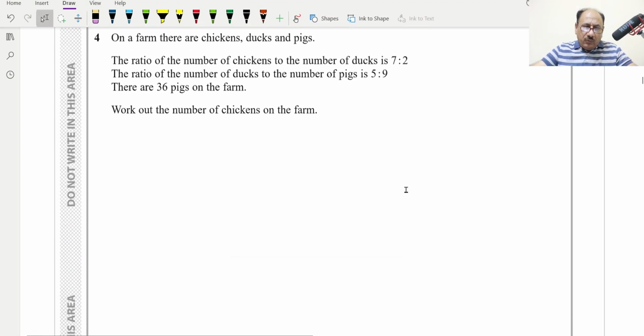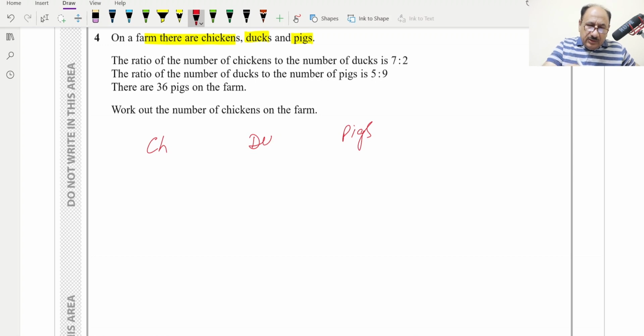Now question number 4. On a farm there are chickens and ducks and pigs. So we can write here chickens, then ducks and pigs. So this one is basically the detail. The ratio of the number of chickens to the number of ducks is 7:2.